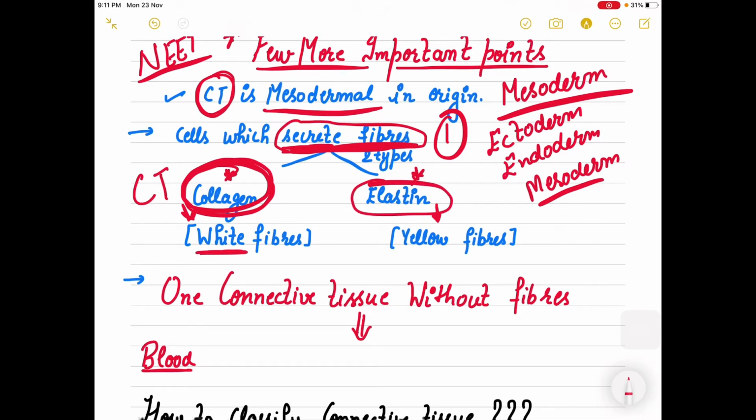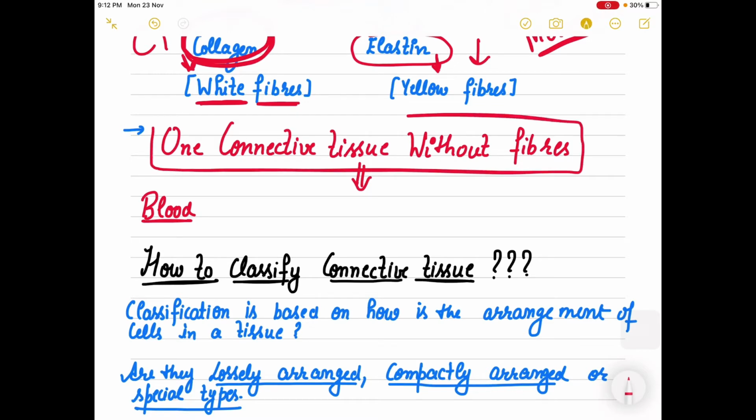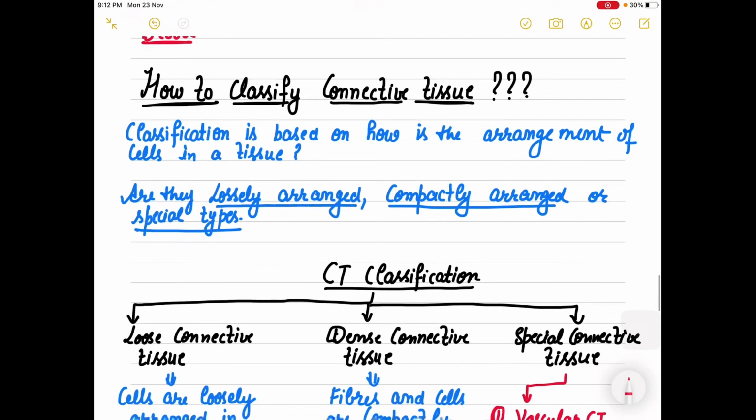When collagen is secreted, these are known as white fibers. When elastin, it appears as yellow fibers. But we have one connective tissue which is even without fibers, and that connective tissue is known as blood, which is widely distributed throughout the body.